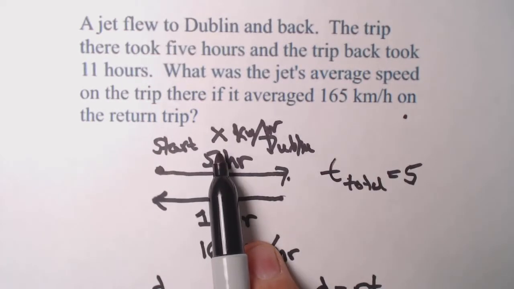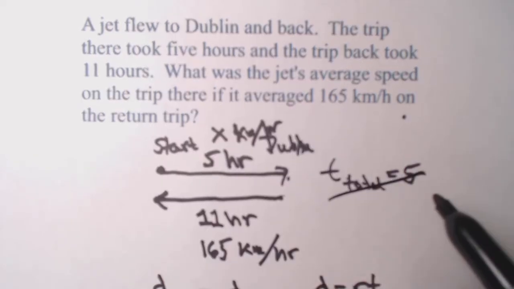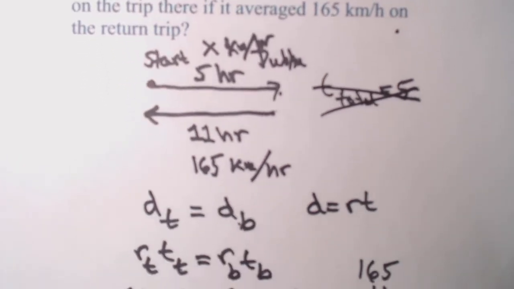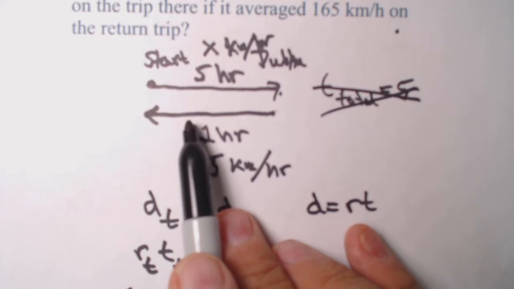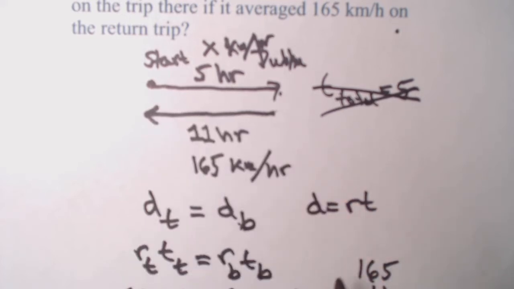The speed going to is the thing we want to solve for. And so here we go. Let's turn around now and take the basic information. Distance to equals distance back. Do the D equals RT substitution.